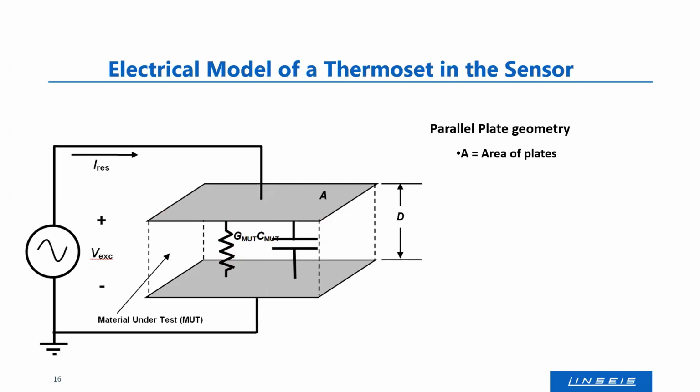Important for the measurements, or for the setup here, is the area of the electrodes and the distance between the two electrodes. And the ratio A over D, the area divided by the distance, is a measure of the sensitivity of your setup. So the higher this A/D ratio, the more sensitive you can measure the permittivity and the conductivity of your sample.